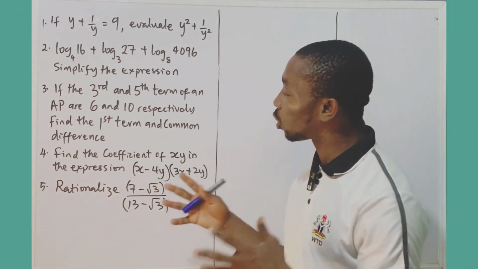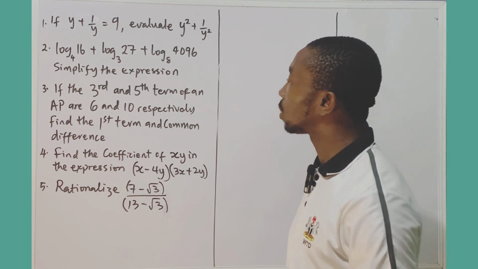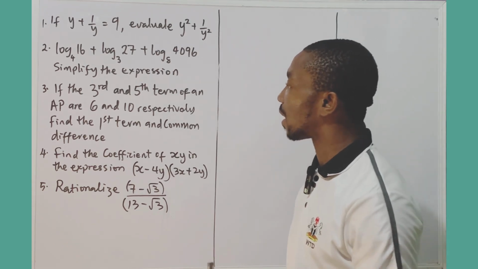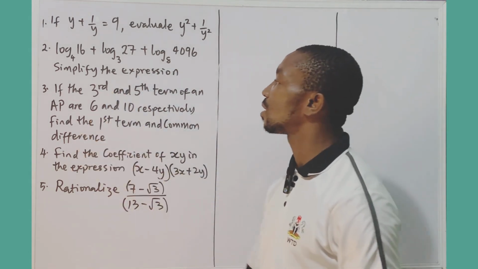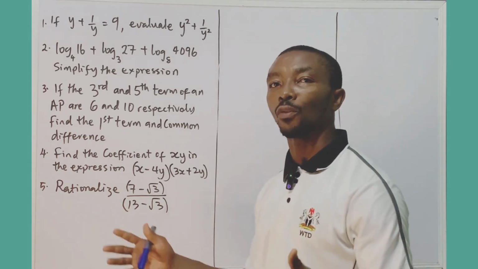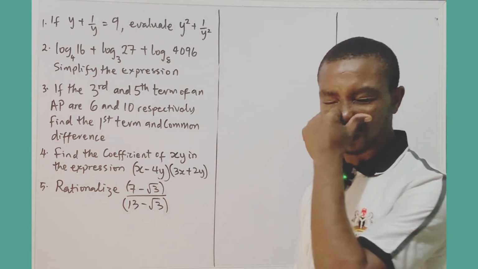Guys, looking at our third question, it says if the third and fifth terms of an AP are 6 and 10 respectively. That means the third term is 6 and the fifth term is 10. Now, we are asked to find the first term and the common difference.